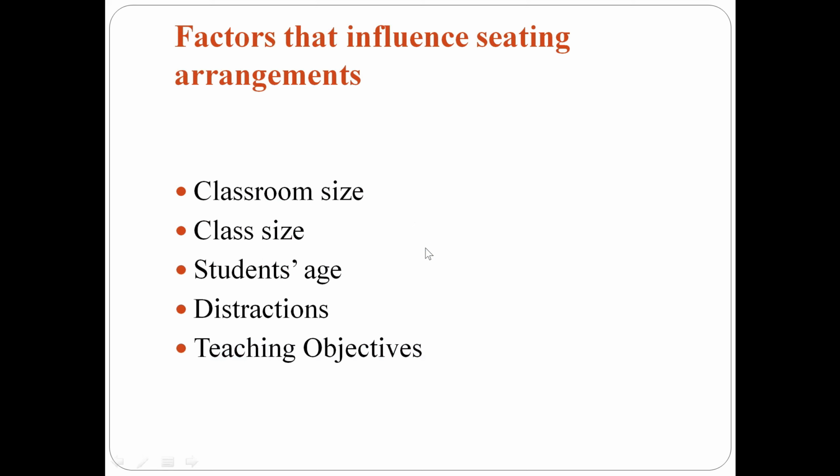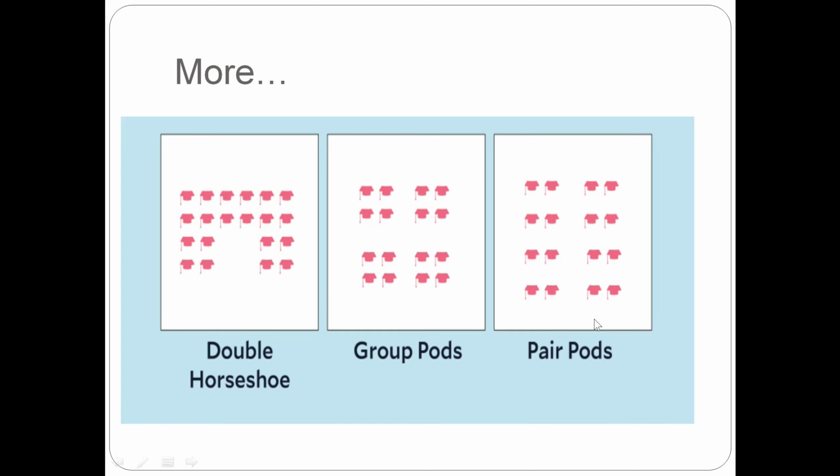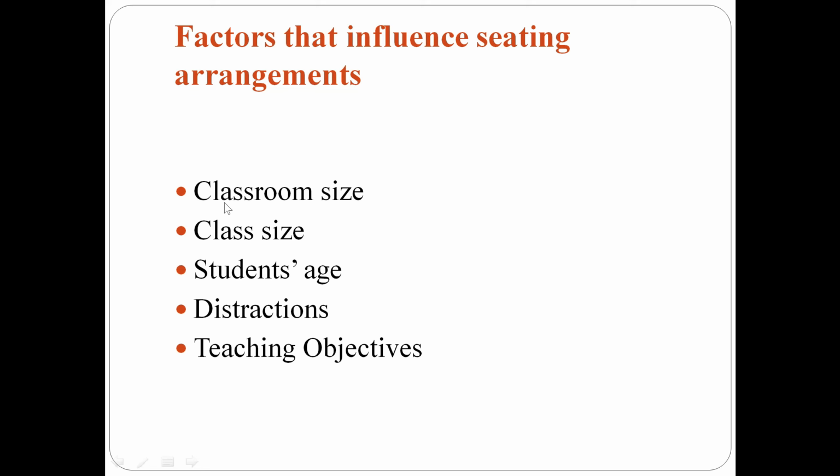Okay, when we are talking about the seating arrangement inside a classroom, there are a few factors that can influence all these seating arrangements. The first one is classroom size. Class size also influences the seating arrangement.